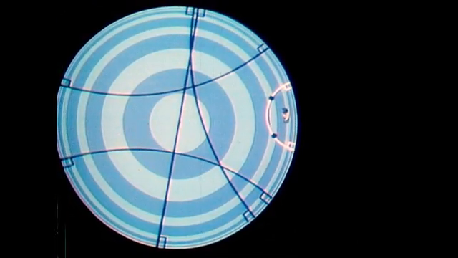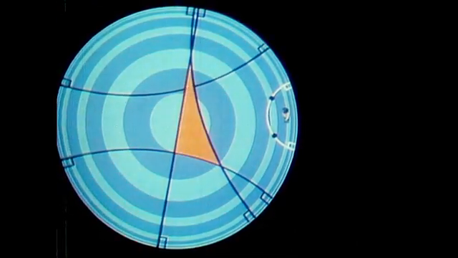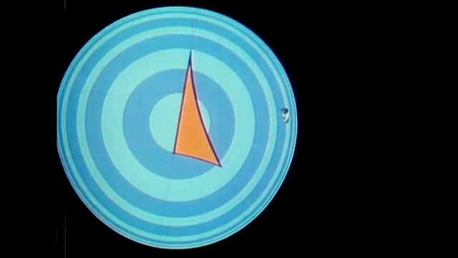What about triangles? Triangles have curved sides, of course, unless a side goes through the center. Let's just see what happens when we move the triangle towards the edge. It'll get smaller, of course, but look closely at what else happens.